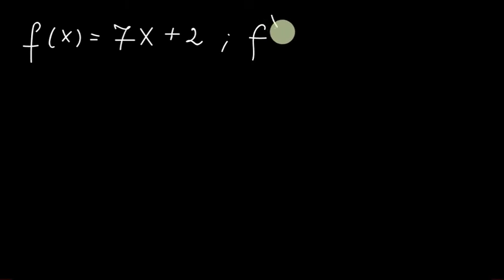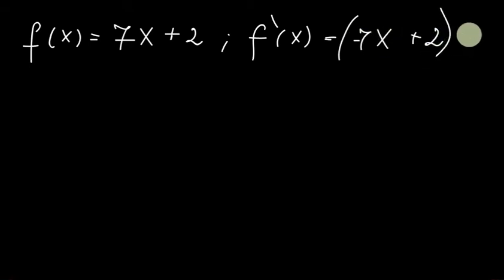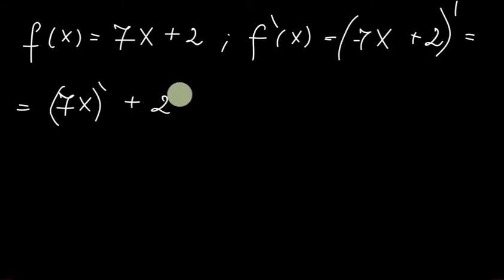Let's say we have f of x is equal to 7x plus 2. Now we need to calculate a derivative, so I'll write everything consistently, okay, and we are taking a derivative of this. So we are basically taking a derivative of 7x and 2.